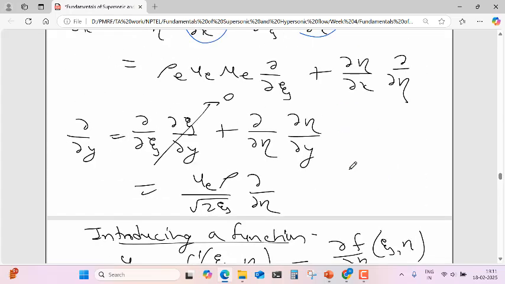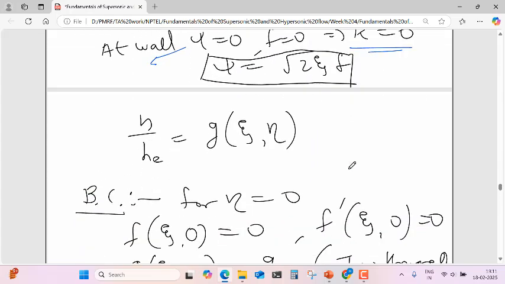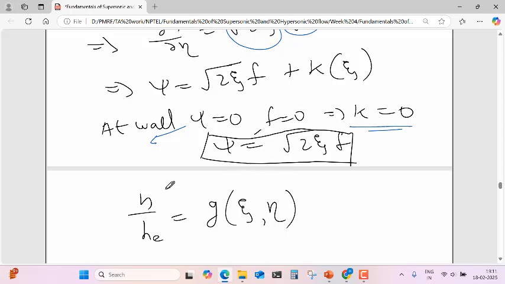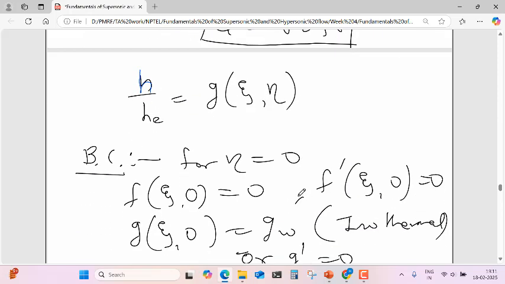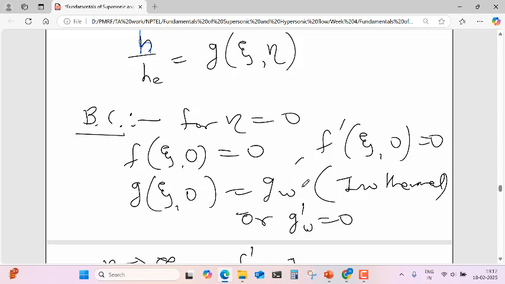For the energy equation, we will take one more function h by h_e equal to g(xi, eta), and there are some boundary conditions for eta equal to 0. Eta equal to 0 means wall, means y equal to 0.